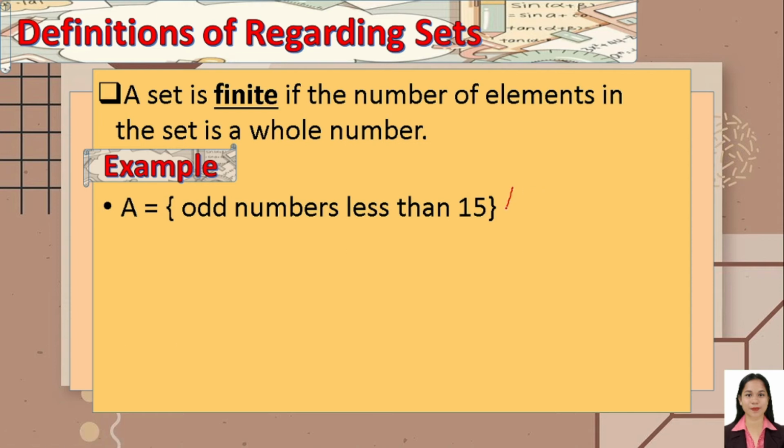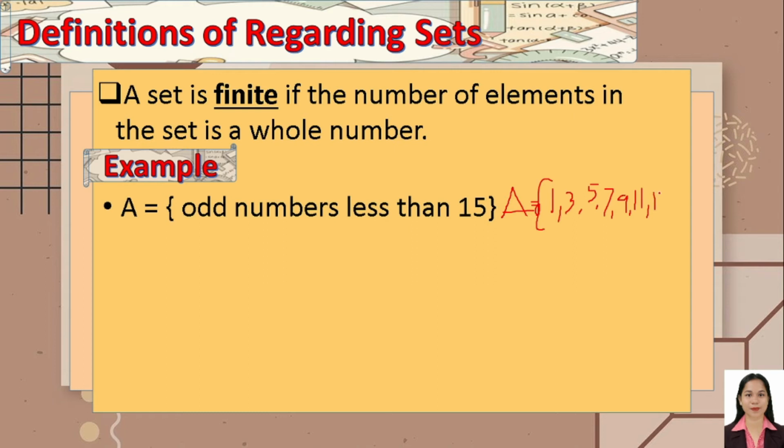So, halimbawa, we have here A is equal to, so odd numbers are, start tayo kay 1. So, a braces, so we have here 1, 3, 5, 7, 9, 11, and we have 13.